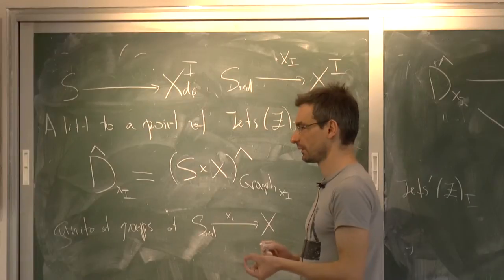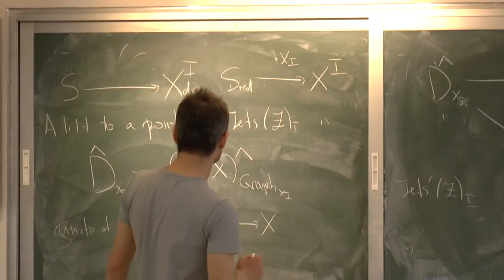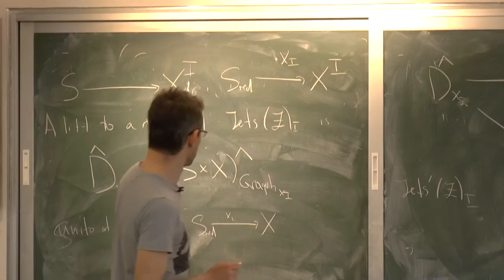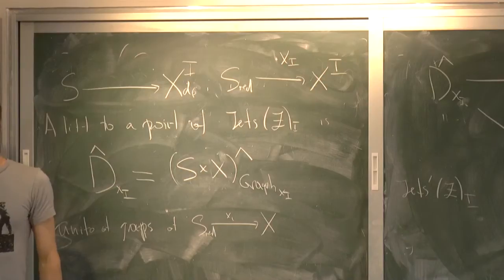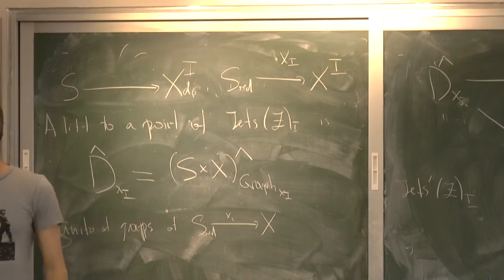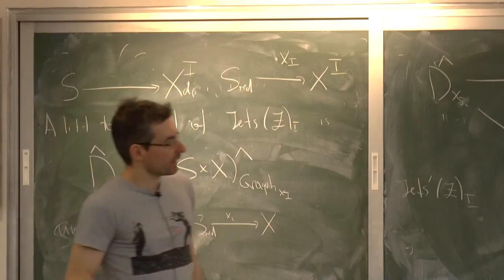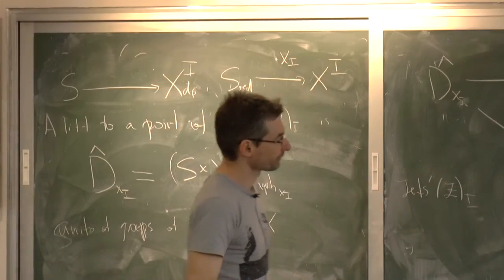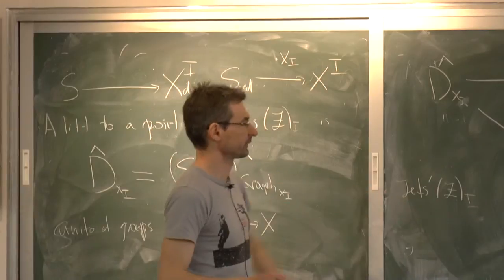Oh, I see. So on the left board, when you write S times X at the formal neighborhood, you mean the limit of the finite nilpotent thickenings in stacks and not in schemes. Exactly. And D without the hat is affine schemes, again relatively affine over X. Okay, so this is D, and this is Jets prime.